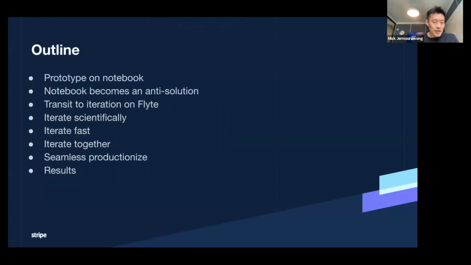The outline: we'll start with prototyping on Notebook, which is the go-to solution for everyone. Then how Notebook becomes an anti-solution at a certain point, and how we can transition to Flyte and show the benefits of Flyte in multiple regards. And lastly, how to transition seamlessly to productionization and the results that we see in limited availability within Stripe.